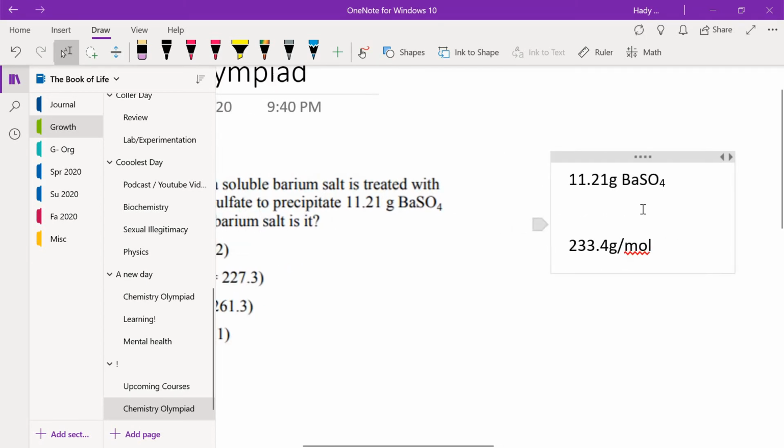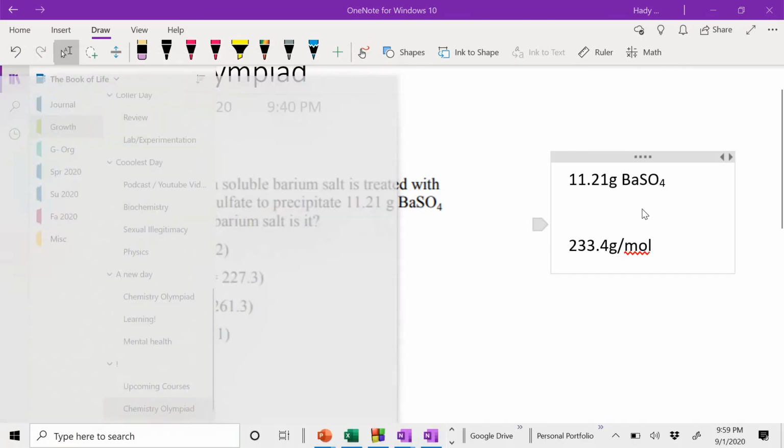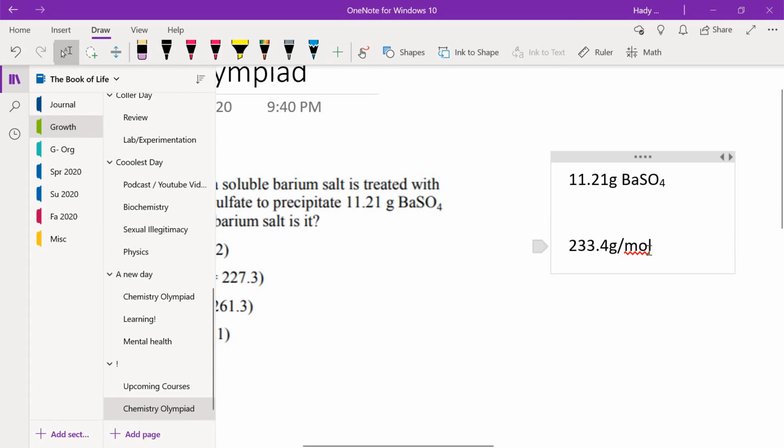When I say make sure you're making sense, you have 11 grams of barium sulfate. If there's 233 grams per mole, when you do this calculation you're probably going to get a small number, because you don't even have a mole. You have less than this. That's something I try to think when doing calculations, mentally checking.